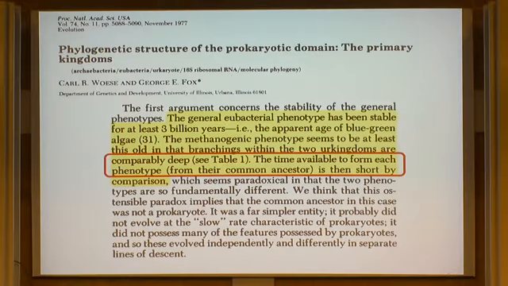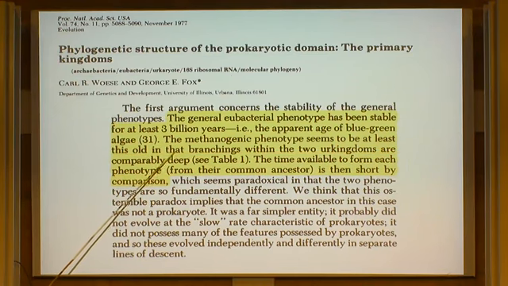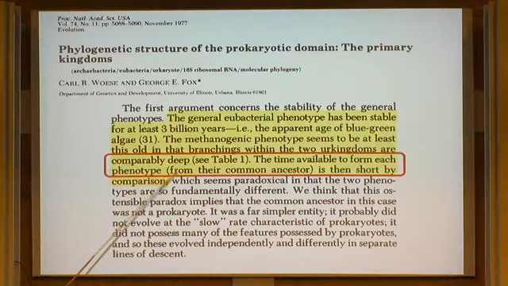Okay, now one of the things that Woese and Fox also commented upon in their early paper was the time issue. So this is their paper in PNAS, and what they noticed was if you look at the organisms near the root of the phylogenetic tree, such as they could determine it in those days, they identified those as being basically cyanobacteria and essentially of order 3 billion years old or somewhat older.